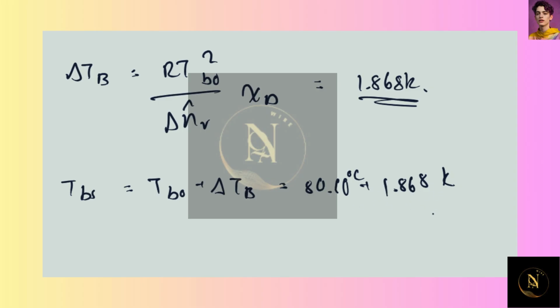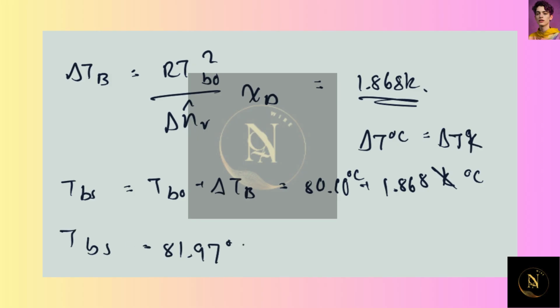We convert: the delta T in degrees Celsius is equal to delta T in Kelvin, so we can just call that degrees Celsius. We get a TBS of 81.97 degrees Celsius.